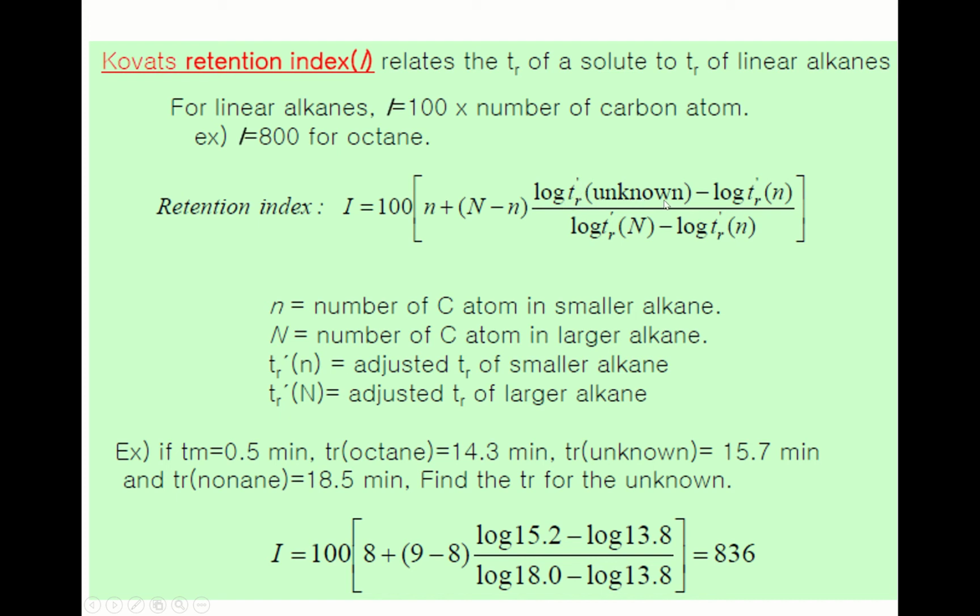Then log tr n is the adjusted retention time for small n, for octane. Divide by the log of the adjusted retention time for large N, in this case nonane, minus the logarithm of the adjusted retention time for small n, octane in this case. This is the Kovats retention index.